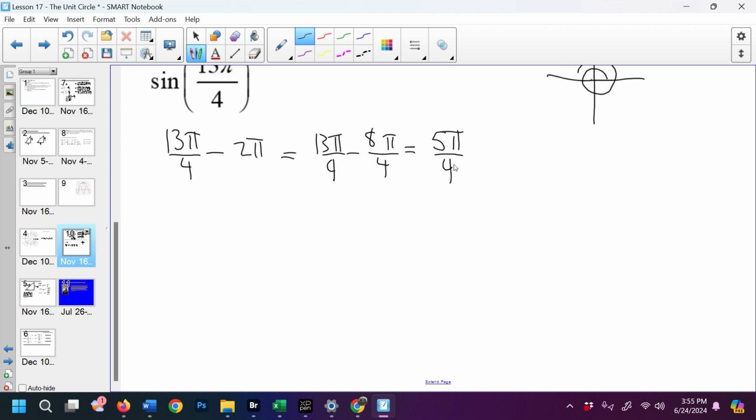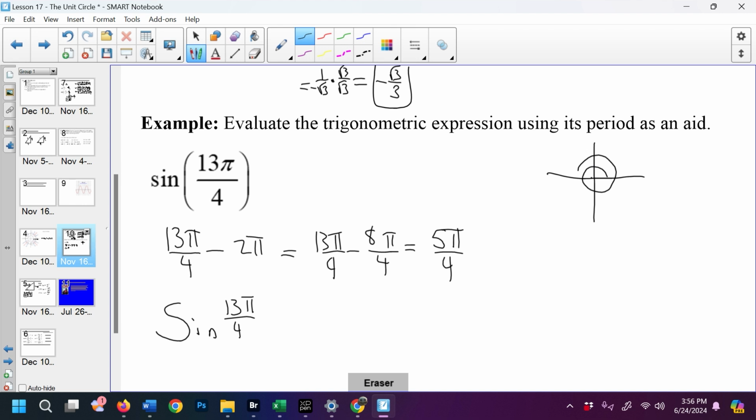So since 5 pi over 4 is on the unit circle, the sine of 13 pi over 4, and remember, if I want to draw this accurately here, I go all the way around once and then I go to here, and this would have the same value as if I went from the unit circle and just stopped right there.